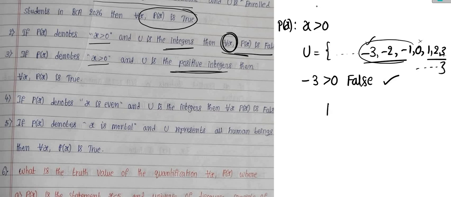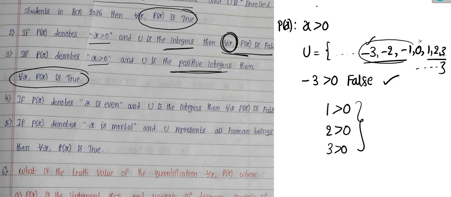If I take x as 1, x greater than 0, 2 greater than 0, 3 greater than 0. That means always x greater than 0 if we take U as positive integers. That's why P of x is true. Here for all x is there. Whenever for all x is there, P of x is true for every point of that set U.